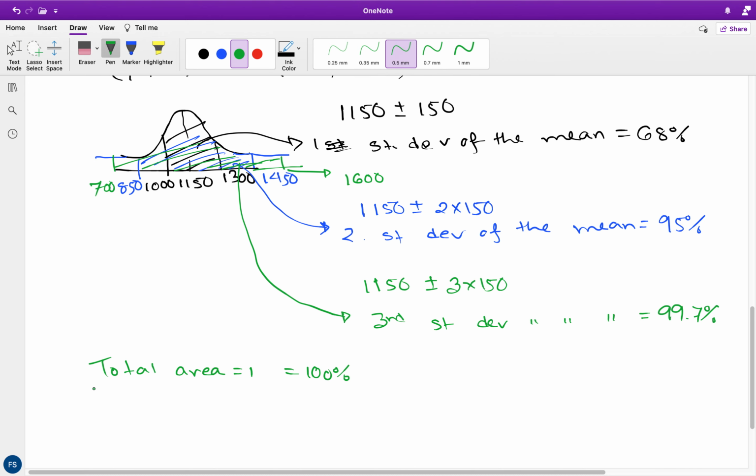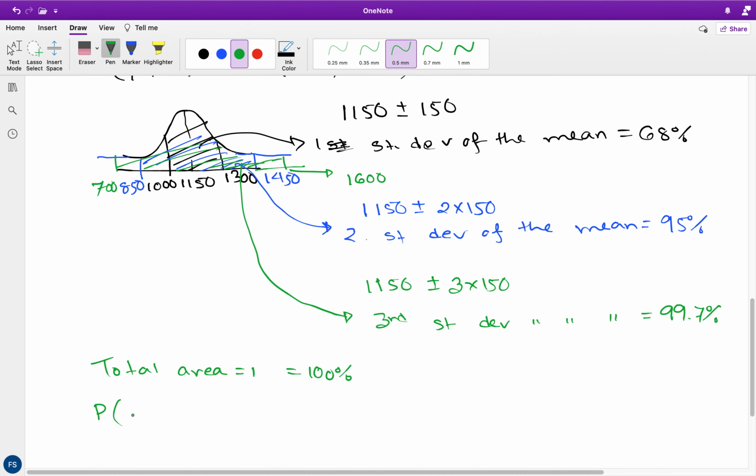So if I ask you to find the probability of a student scoring between something around this range, greater than 1000 and less than 1300, you can see that this is my first standard deviation of the mean, right? It's this one. So that means, like I told you before, it's 68%. That means the probability is going to be 0.68. So there is a 68% chance that a student is going to score more than 1000 and less than 1300.